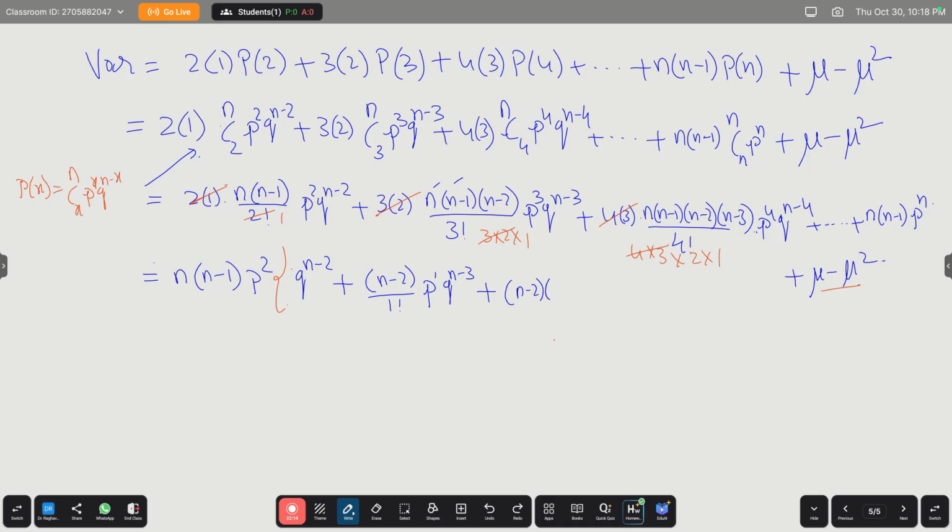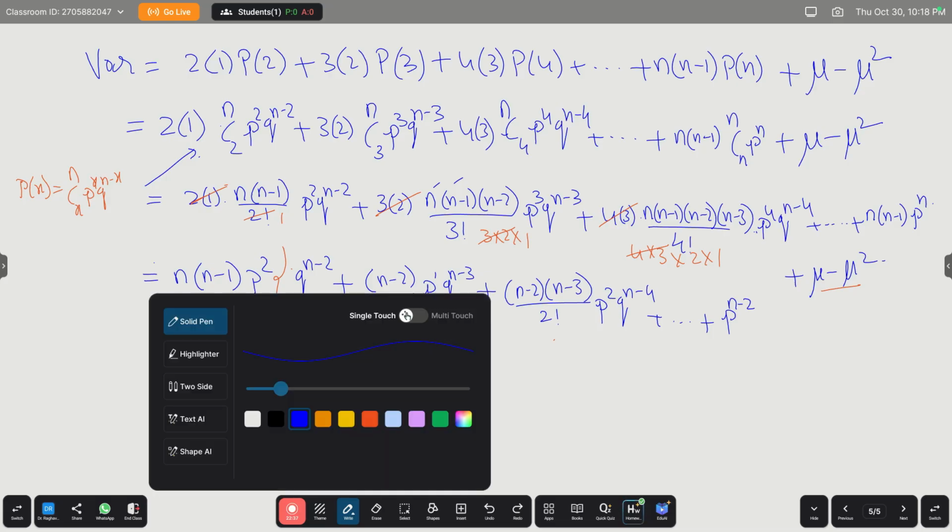You have n minus 2, n minus 3 divided by 2 factorial. P power 2, q power n minus 4. And so on. And in the last term, you have n minus 1, p power 2 has gone out. So out of p power n, I have to remove p power 2. So you have p power n minus 2.